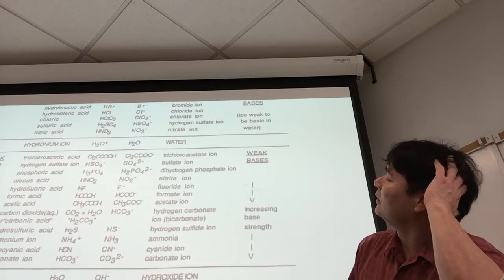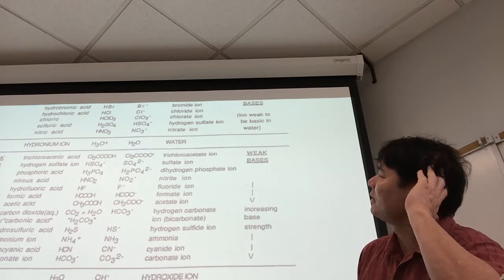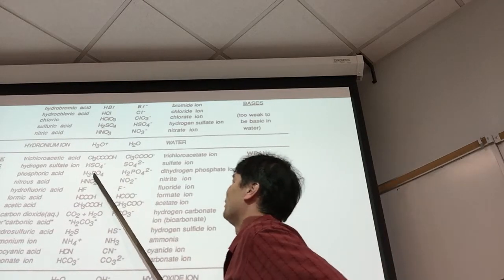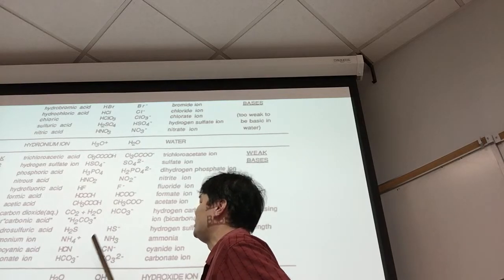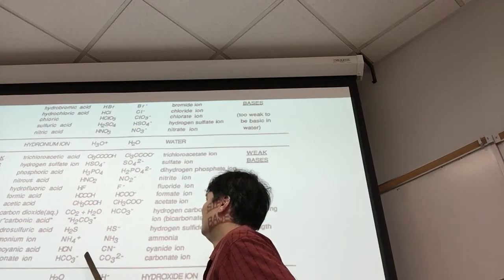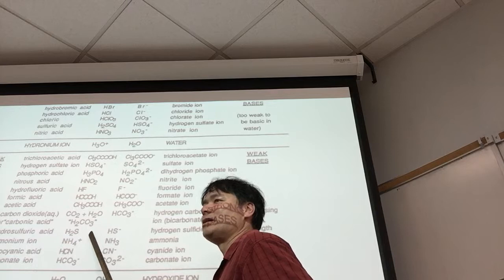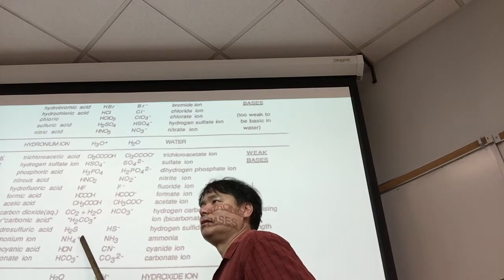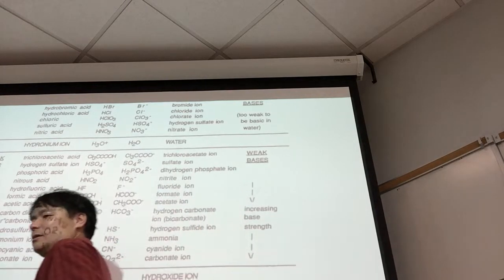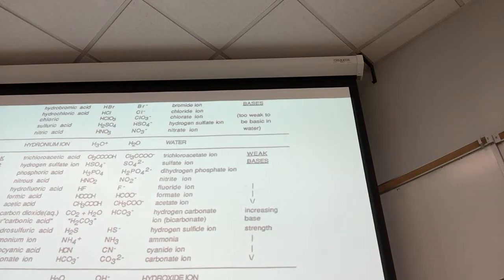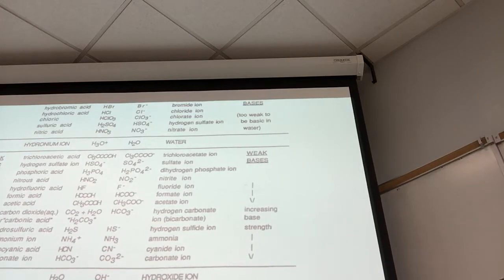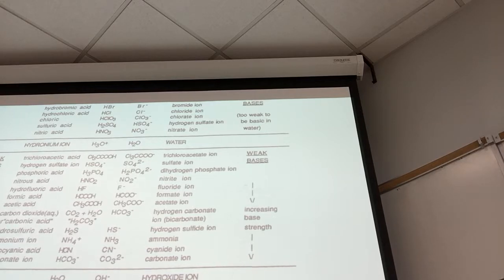Last edit, I realized that we should have H3PO4, we should have H2PO4 minus, we should have HPO4 2 minus. But unfortunately, those got deleted in the last edit of this chart. So I need to give you the fixed version of this. Anyway, here's H3PO4, H2PO4 minus, HPO4 2 minus.